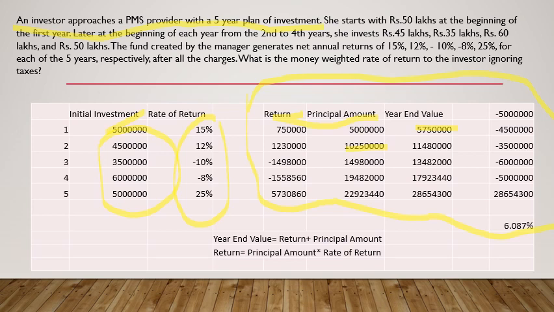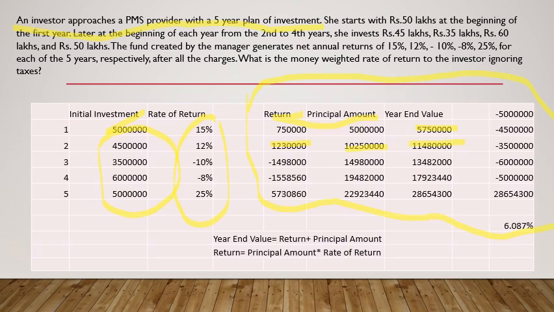Please remember, this is the principal amount and this is the return, and if you multiply both of them, you will get this much, which is a simple calculation of 12% multiplied by 1 crore 2,50,000. Once you have done this, you add both of them and you reach this total amount, which is the year end value.